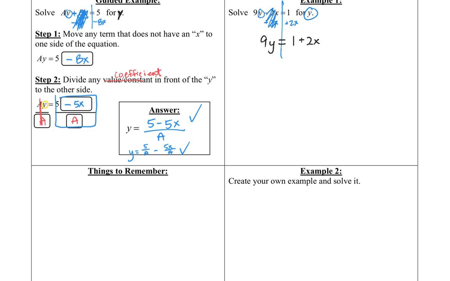Our coefficient is 9, so divide by 9. Did I catch a 9er in there? Yeah, so there it is. Our answer is 1 plus 2x, all divided by 9, or we could write it as 1 over 9 plus 2x over 9. Both of these are right.